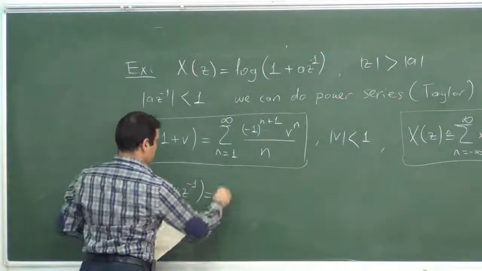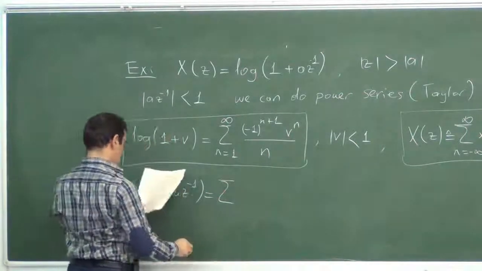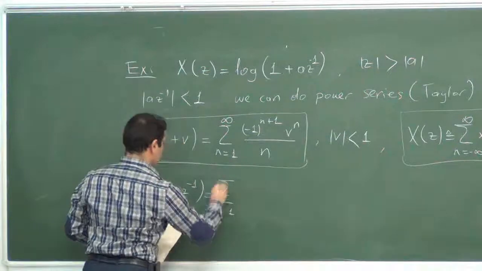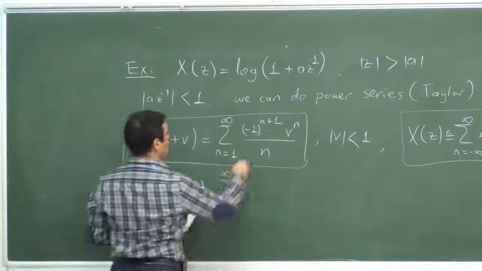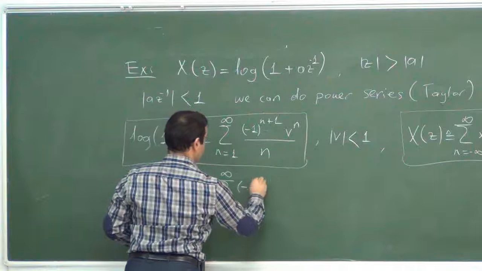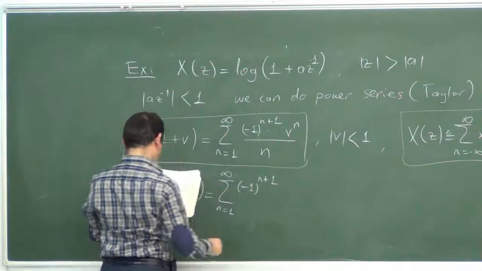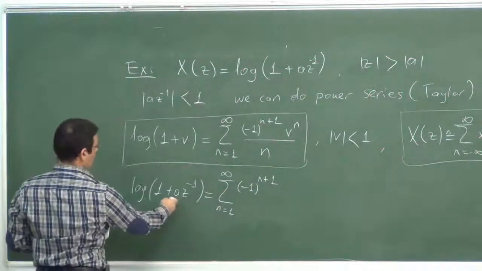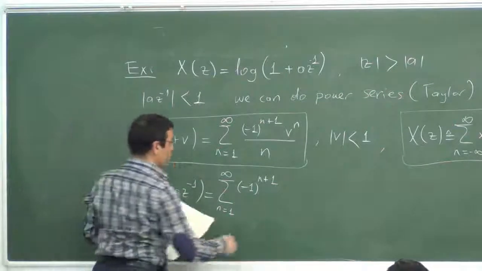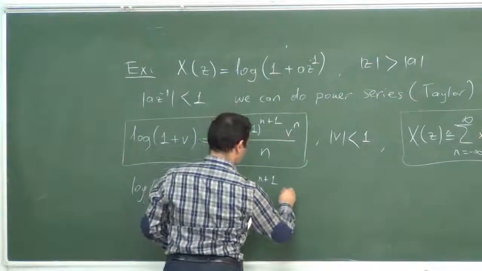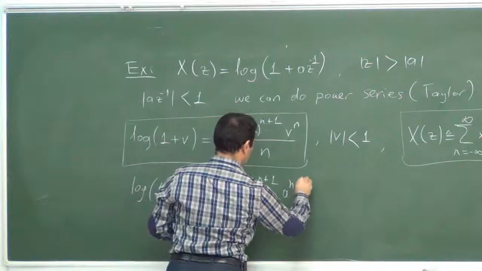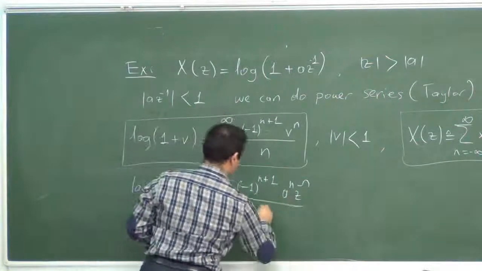So it starts from 1 through infinity, with minus 1 to the n plus 1. What about v? v is in this case a times z to the minus 1. So it is a to the n, z to the minus n over n. It is the same.